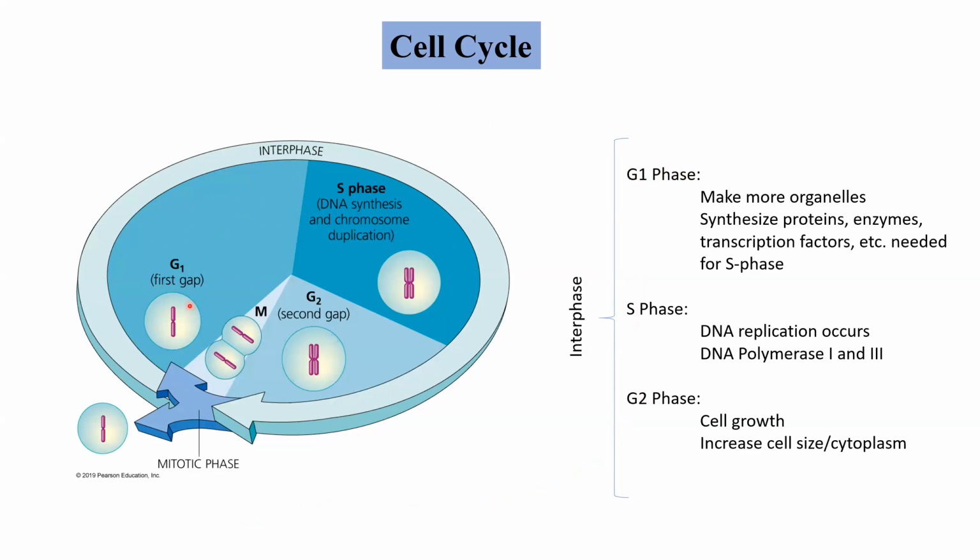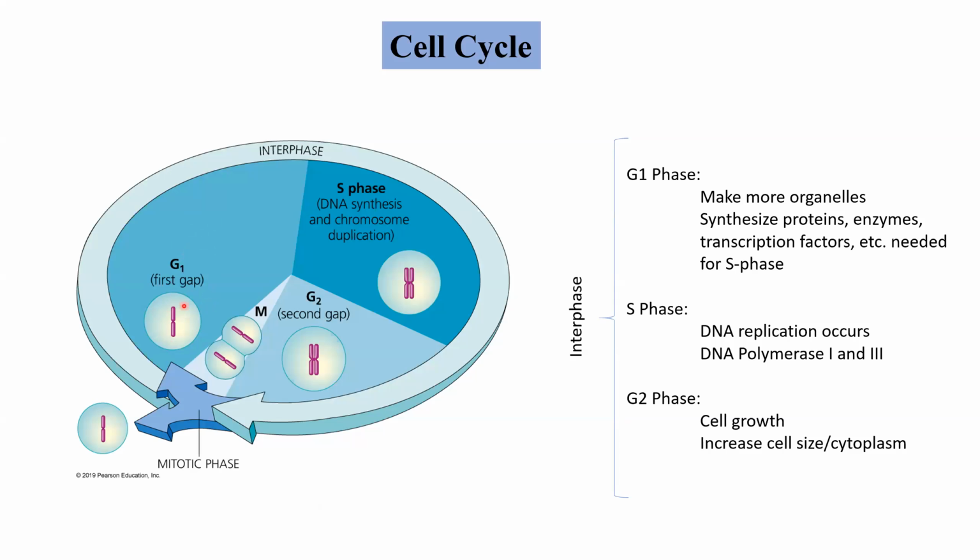So let's think of what a cell is composed of. A cell is composed of a plasma membrane, organelles, a nucleus that contains DNA, and cytoplasm. All those things are components of a cell. So in this first growth phase, this cell is getting ready to replicate itself.